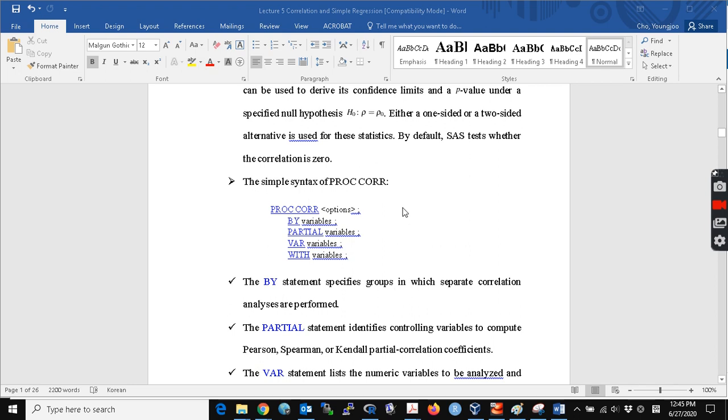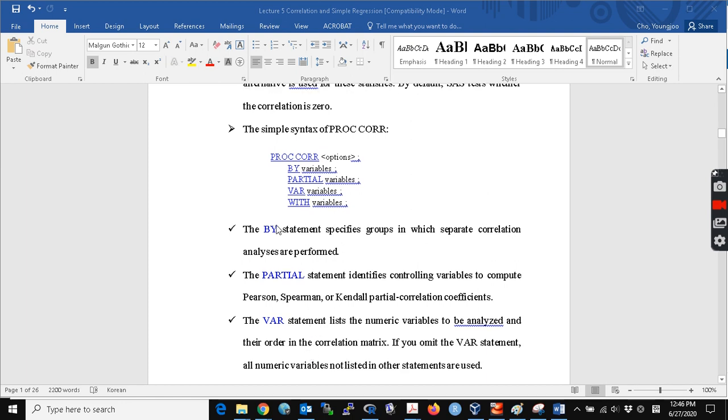So the simple syntax of PROC CORR is this. PROC CORR with options, and the BY variable, and the PARTIAL variable, and the WITH variable. The BY variable specifies groups to compute separate correlation analyses. So if you have, let's say, two groups, say gender, and you specify BY gender, then you compute the correlation by male and female.